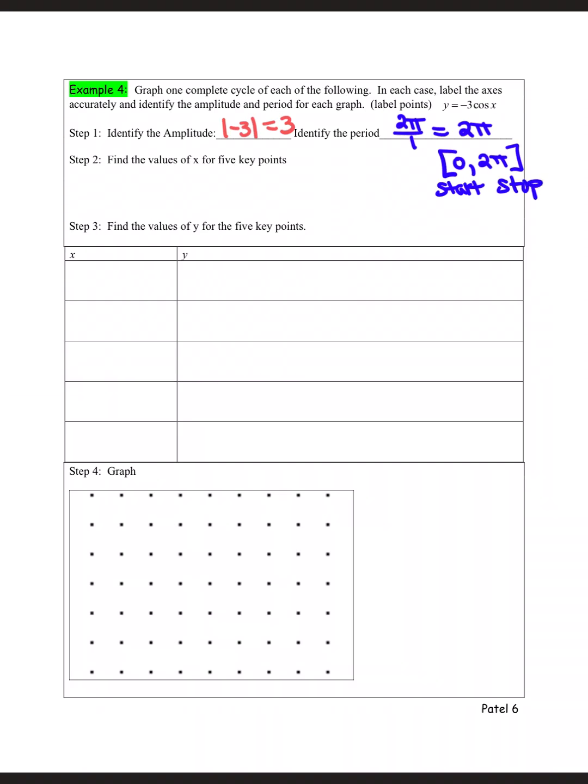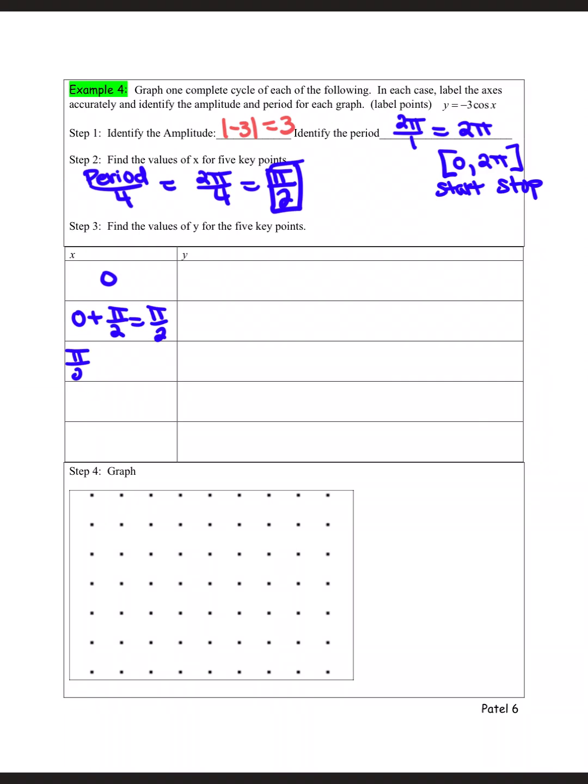And we're going to find the values of x by saying the period divided by 4. So that's 2 pi over 4, which is pi over 2. So we're counting by pi over 2 each time, starting at 0. So we have 0 plus pi over 2, which is pi over 2.